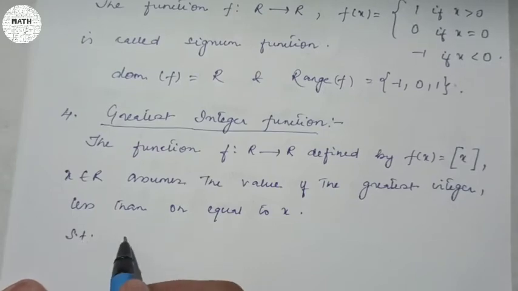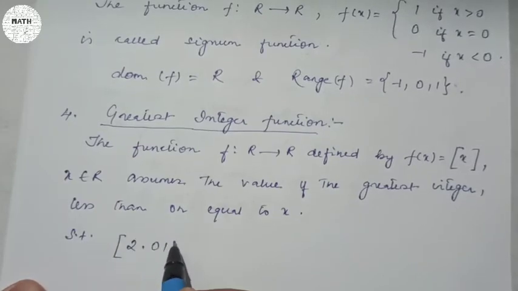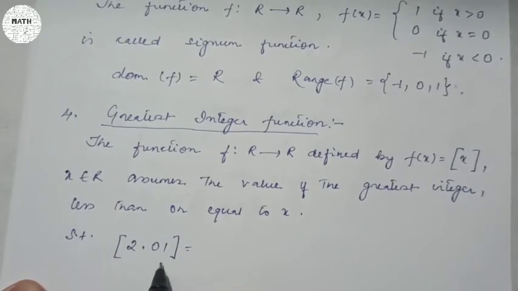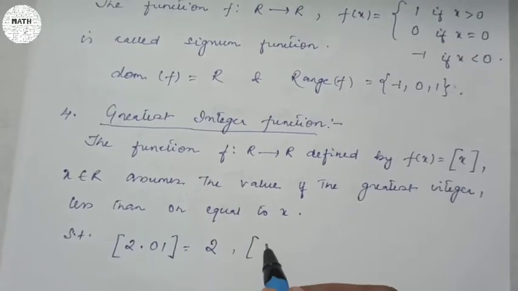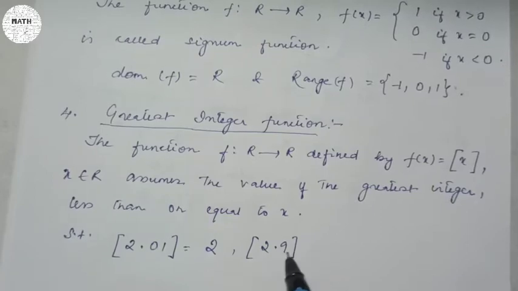If I say 2.01 is given under the bracket, it's given that the answer should be less than or equal to x. It's given in a decimal point, the answer should always come out with a non-decimal point. So 2.01 is given to be less than or equal to x, so the answer will be 2. Similarly, 2.9, which is a little bit close to 3, but the answer is given to be less than or equal to x, right?